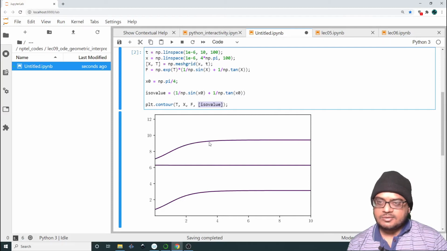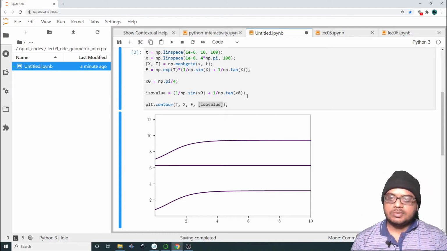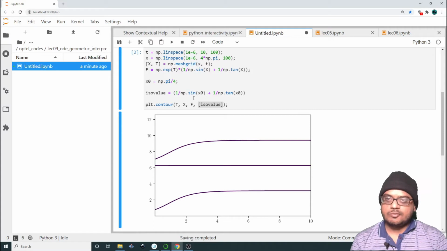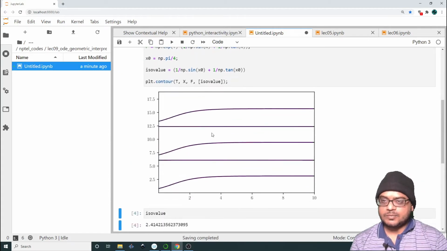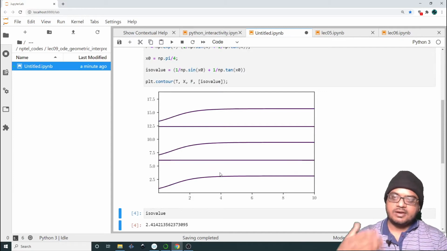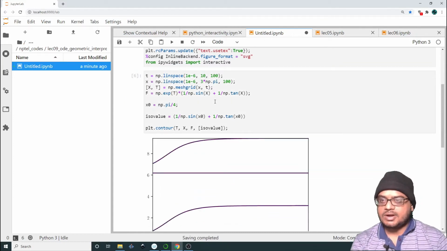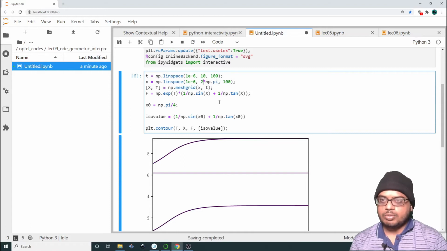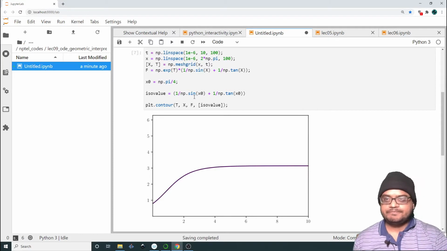This particular curve is quite obvious. This particular curve is this particular curve plus 2 pi, because sine and tan are periodic with period 2 pi. That is, sine of 2 pi plus x naught is the same as tan of 2 pi plus x naught. In fact, if I increase this to 6 pi, we should be able to see more curves. Okay, so it's just an artifact of the fact that everything repeats after 2 pi. So in fact, let me keep it till 2 pi itself. So we have just one curve. Okay, don't be confused, it's just a repetition.